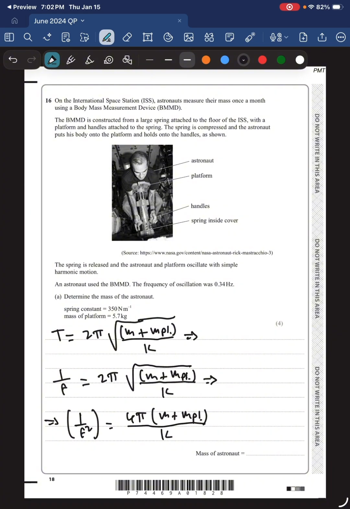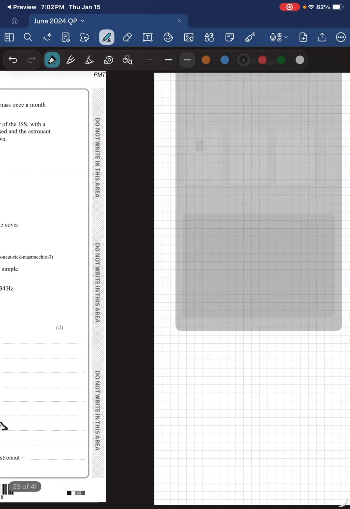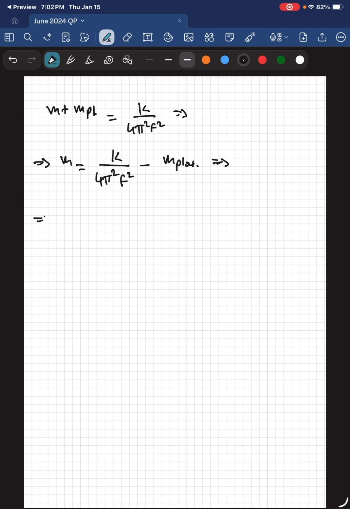Okay, let's use a clean page. So m plus m of the platform is equal to k over 4 pi squared f squared. So the mass we are looking to find is equal to k over 4 pi squared f squared minus the mass of the platform.